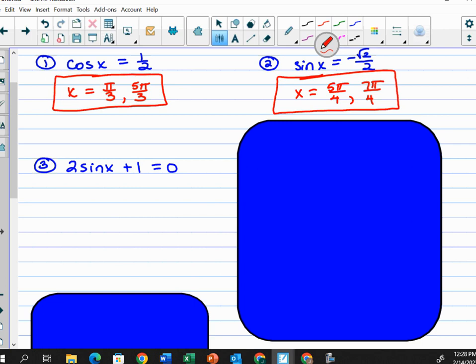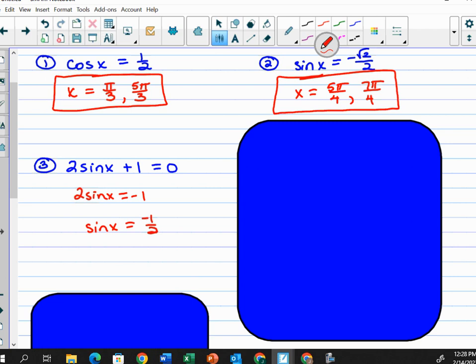All right, guys, let's look at it. So basic solving, if we were just doing algebra, like if I just had 2x plus 1 equals 0, could you solve that? What would I do? We'd subtract the 1 and then divide by 2. We're going to do that same thing here. So I would subtract the 1, divide by 2.